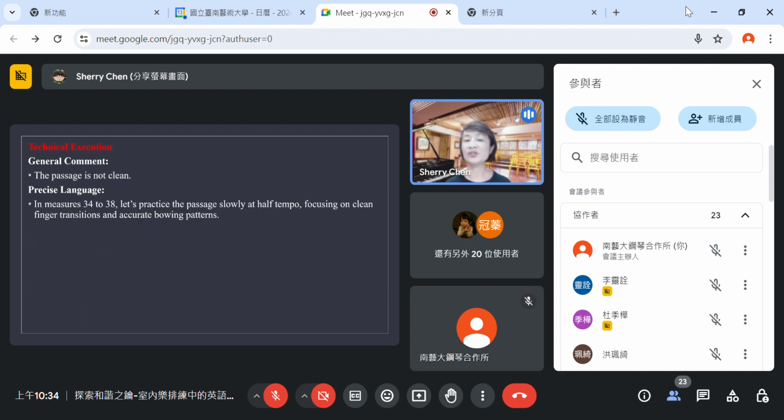Instead we could say, in measures 34 to 38, let's practice the passage slowly at half tempo, focusing on clean finger transitions and accurate bowing pattern. So here, the passage is not clean, sometimes when the rhythm is more complex, how do we address this problem? We can slow the tempo down a little, focusing on the finger transition, and also accurate bowing pattern, perhaps upper half bow, lower half bow, or the speed of the bow. So that is accurate bowing pattern.